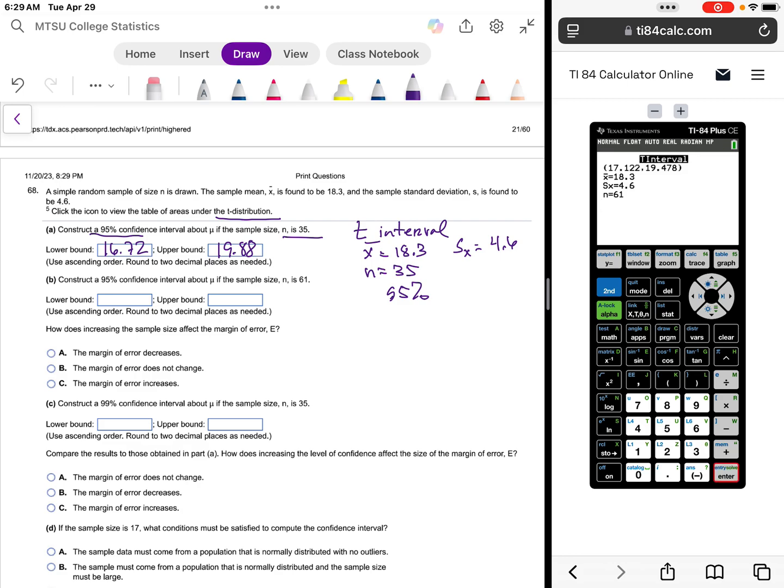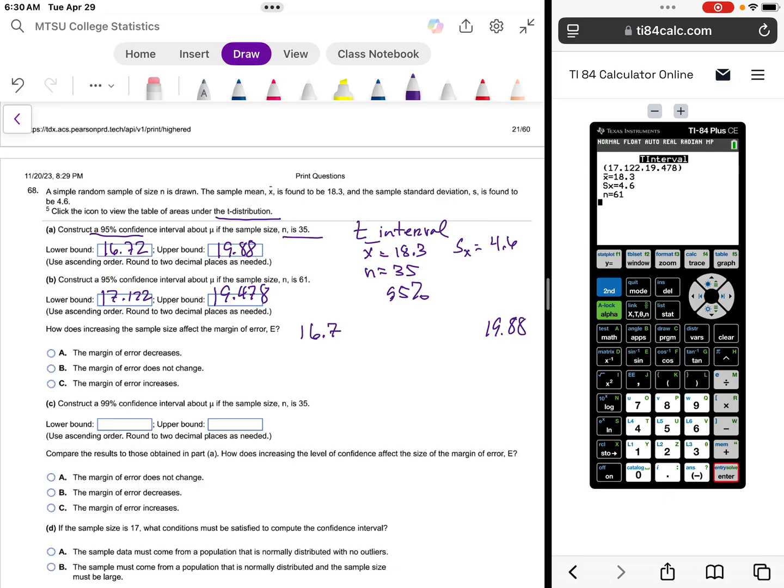And they tell me that it is 17.122 and 19.478. All right. So how does increasing the sample size affect the margin of error? Well, I notice we went from 16.7 and we're up to 19.8.